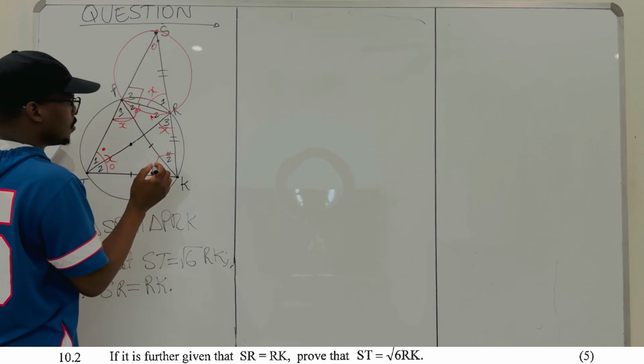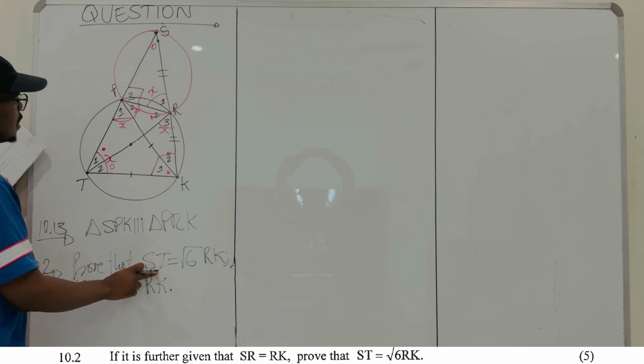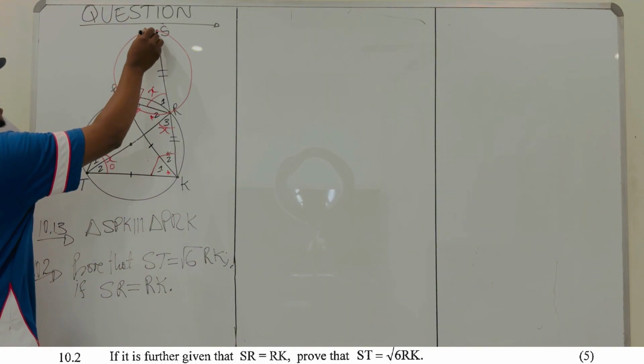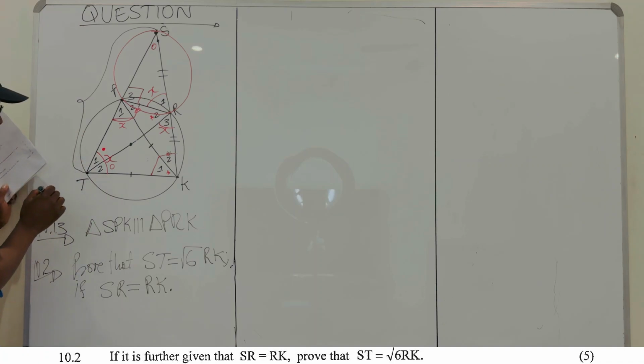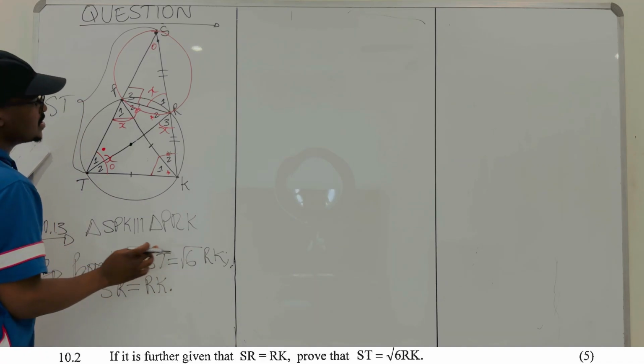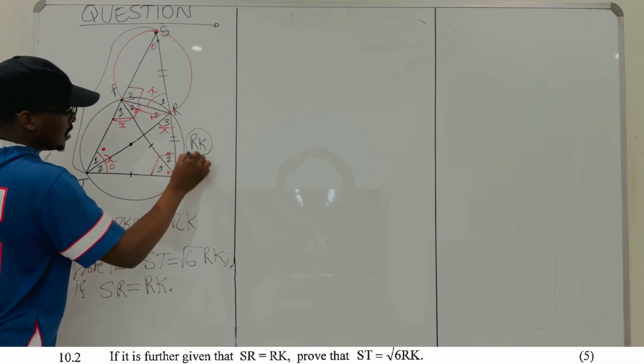So we can think, okay. They want us to show that ST, this length over here, is equal to square root 6 times RK. Where is RK? RK is this length here.